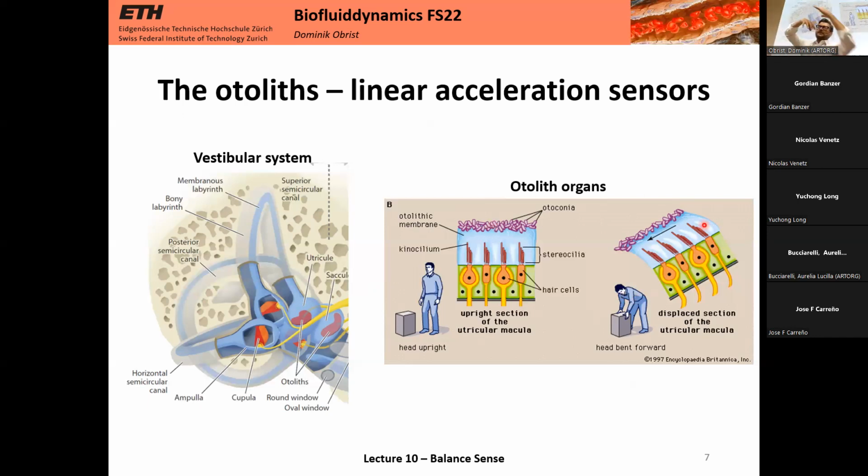Well, of course, the otoconia will be pulled down due to gravitational acceleration and will shear this whole gelatinous membrane to the left in that case, and thereby they will tilt the hair cell bundles. That's the whole story. In some sense, this is a simple accelerometer, right? If you were asked to design an accelerometer, you may probably design something which looks like that.